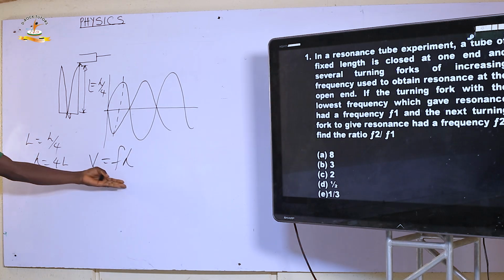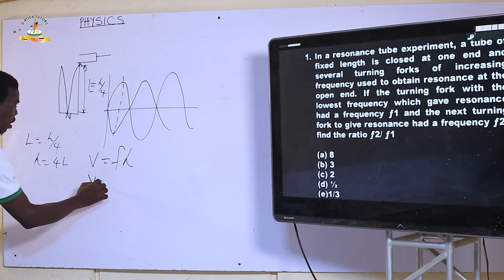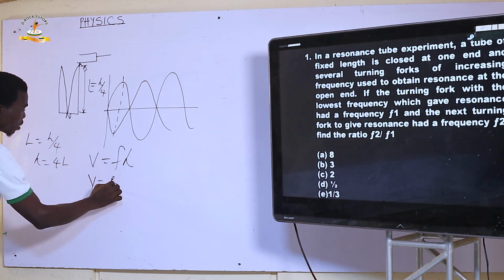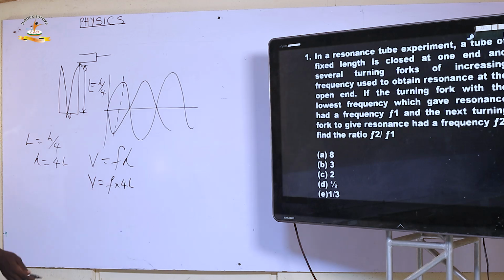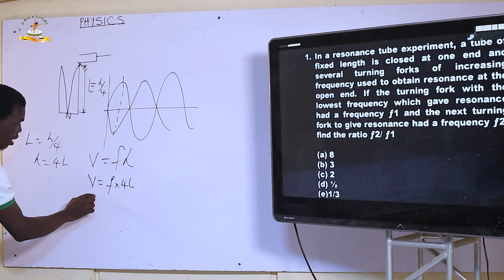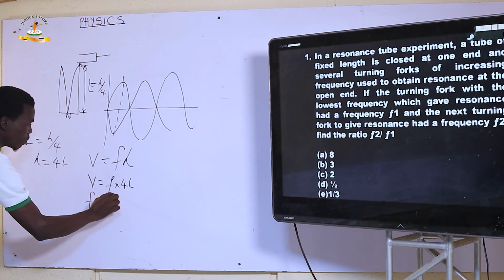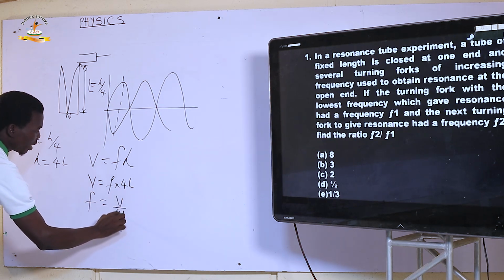So V equals F lambda. With lambda equal to 4L, V equals F times 4L. Don't forget our interest is in the frequency, so we make frequency the subject of the formula. I have F equals V over 4L.